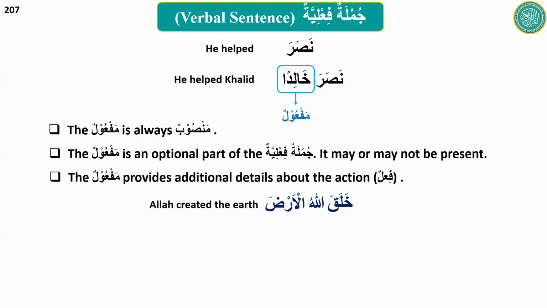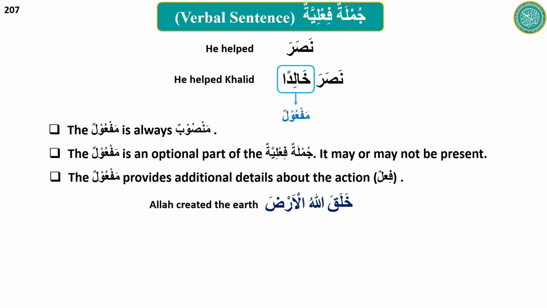Outside the fail. So what was the inside doer before? He. What happened to that he? It is gone, because it's Allah. And what word replaced it? Allahu. So Allah created the earth.